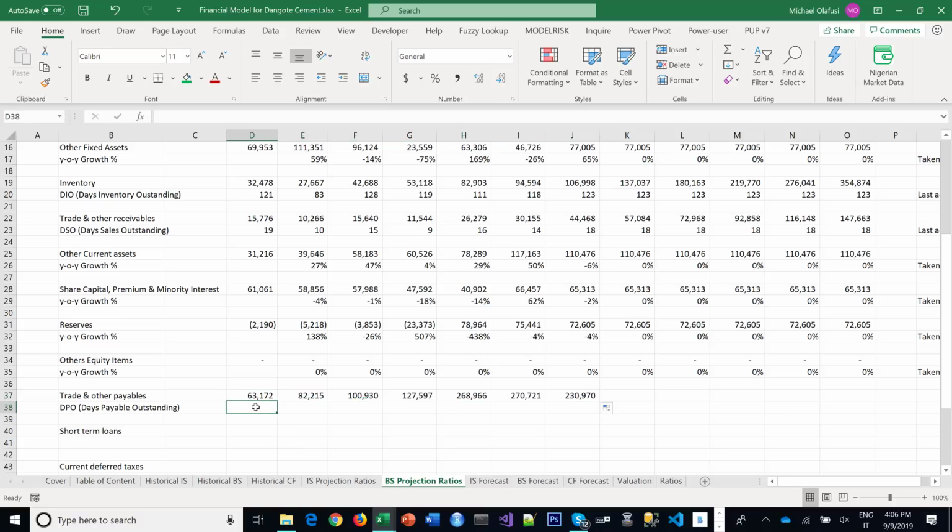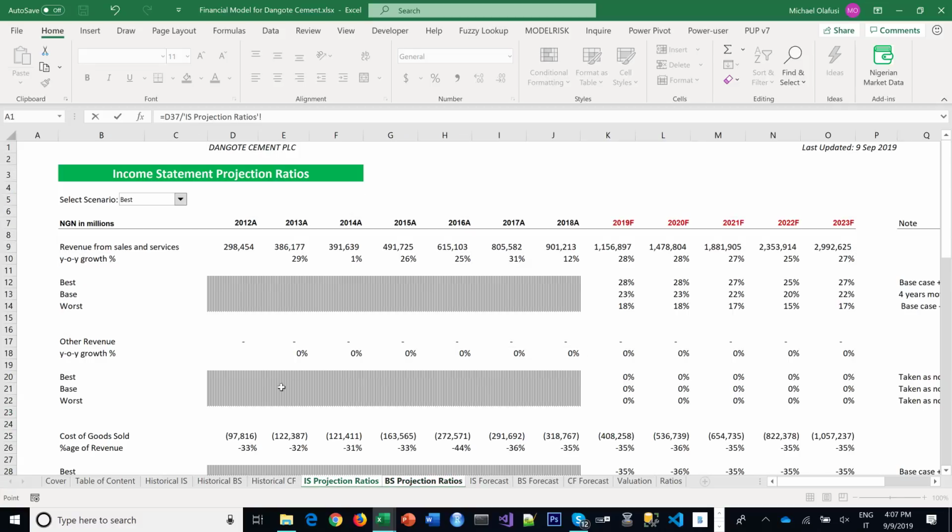The formula is payables over cost of goods sold, because payables relate to your suppliers, the people who supply what you use in creating your inventory. So it's tied to your cost of goods sold. So equal to payables divided by the cost of goods sold times 365 days in a year.